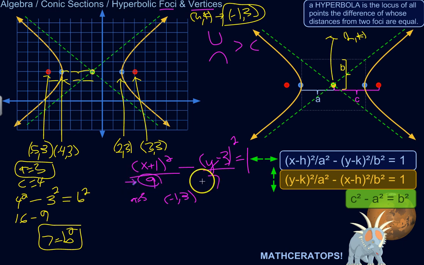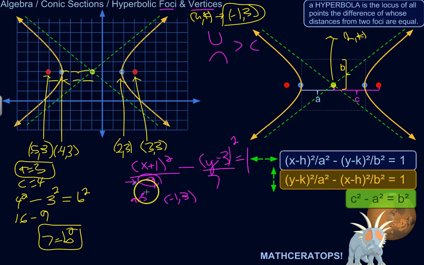I guess we should have done this before we calculated. Okay, back up. This represents a. If the x term is over the a, then the hyperbola opens to the left and to the right. If this bigger number were under the y, then it would open upward and downward. Since this is the larger number and it's under the x term, we know this opens to the left and to the right.